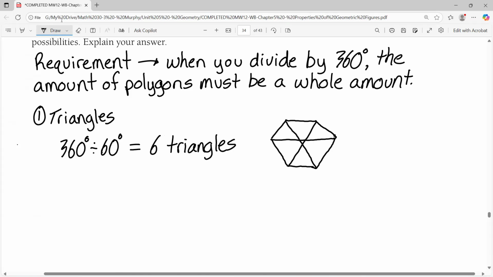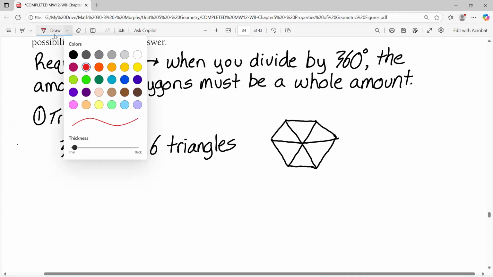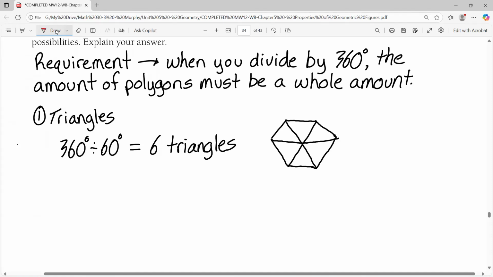Okay, and this is why it's got to be a regular polygon, because if you can't draw it, then it's not going to work. So there's your 6 triangles, and there's your central point. There's your 360, right? Each of them is 60 degrees, each chunk.